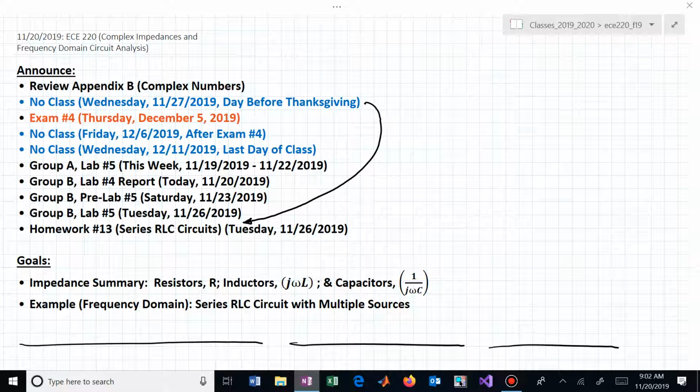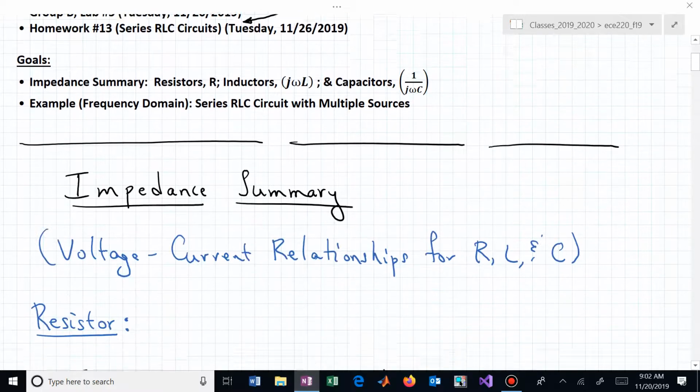Inductors need to be treated as j omega L, and capacitors are 1 over j omega C. Obviously, you have to know what the frequency is if you want to compute the actual complex value of that impedance. And then we'll go through some examples.